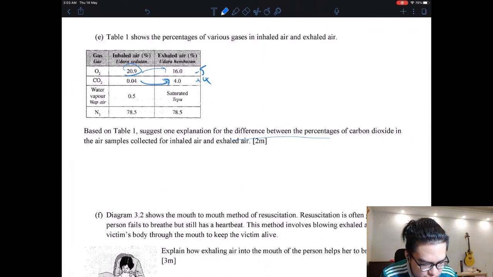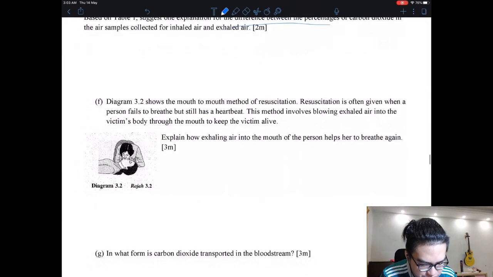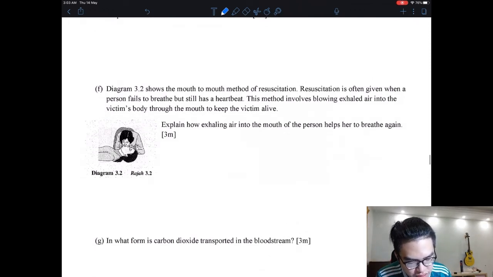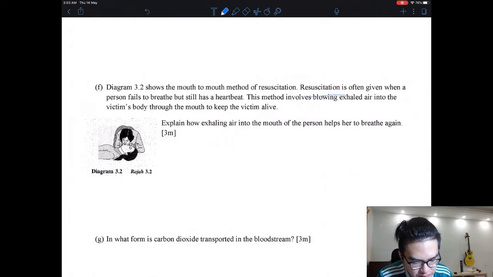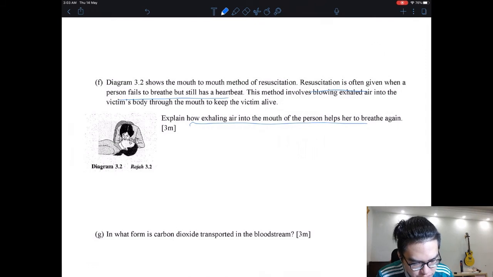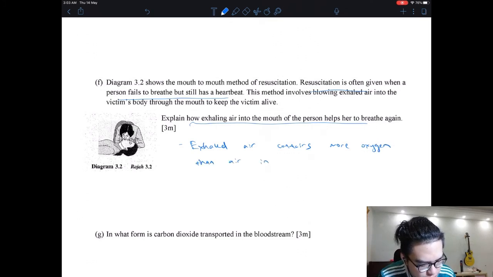Okay, so resuscitation. This is a very good question actually. Resuscitation is often given when a person fails to breathe but still has a heartbeat. Explain how exhaling mouth into the person helps her to breathe again. Okay, so you can say exhaled air contains more oxygen than air in the person's lungs.